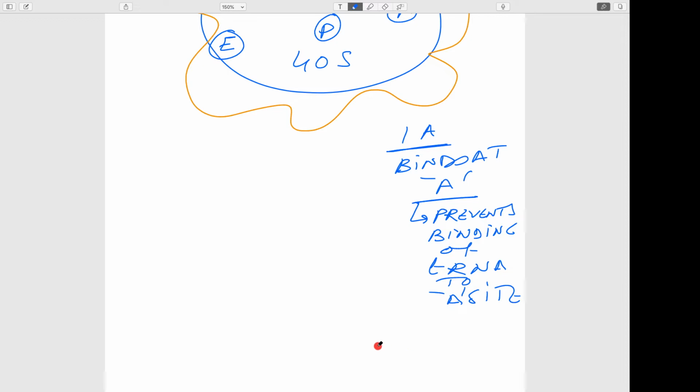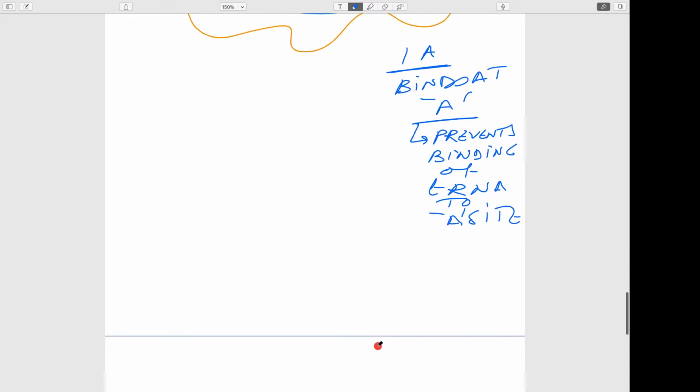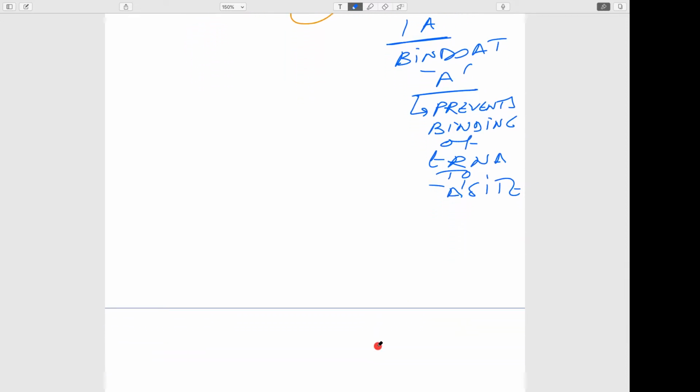Then next, the binding of the transfer RNA is taking place. How does this transfer RNA look? So this is the transfer RNA. To this transfer RNA, there is a methionine.